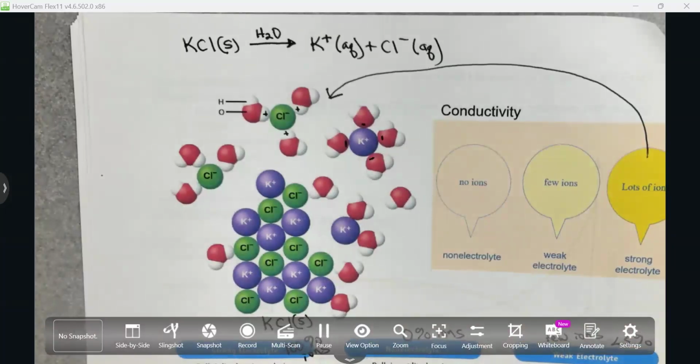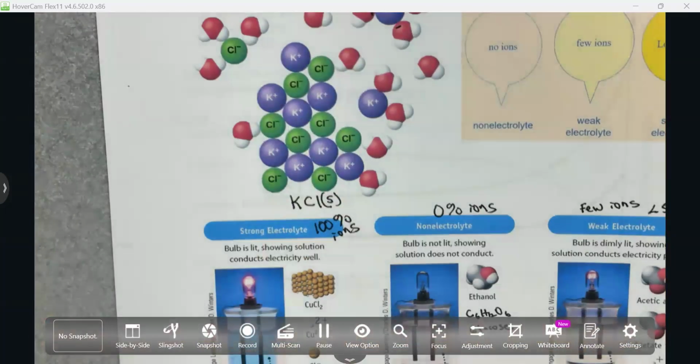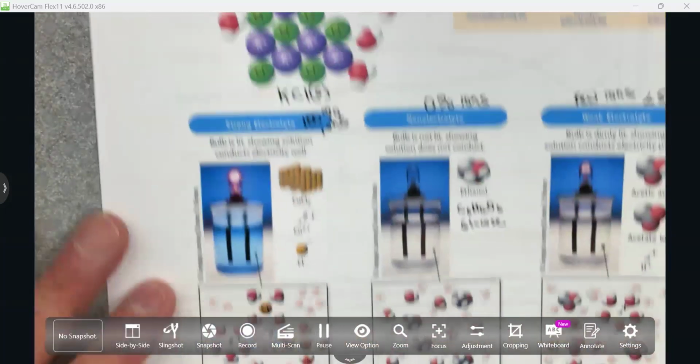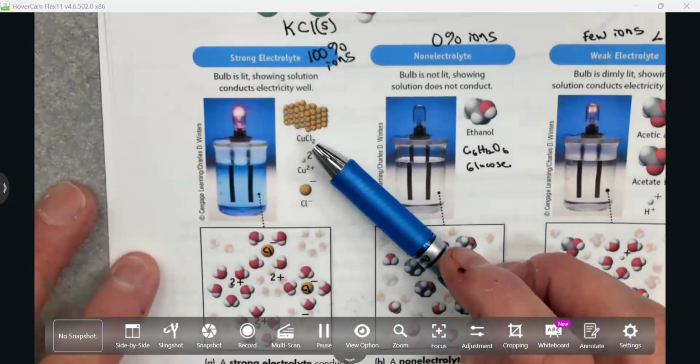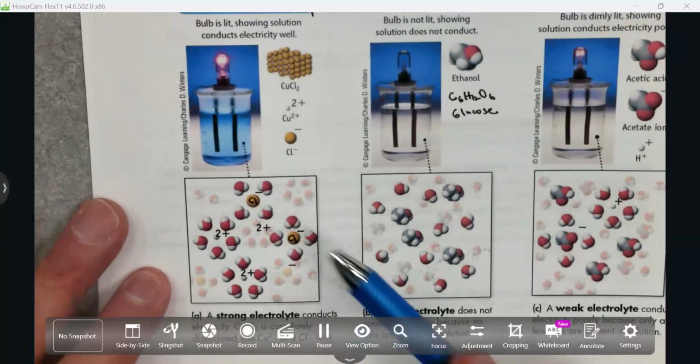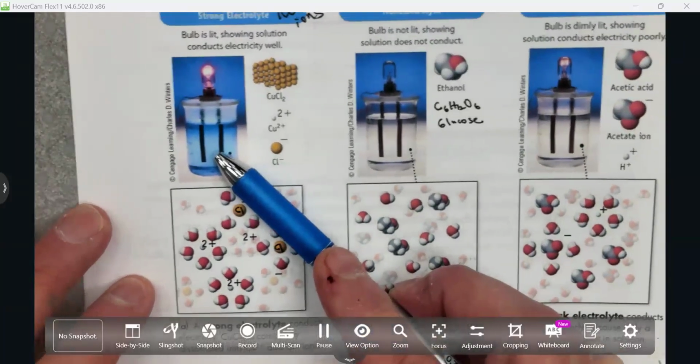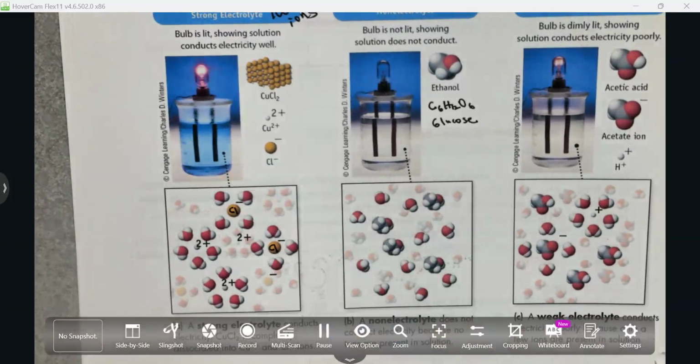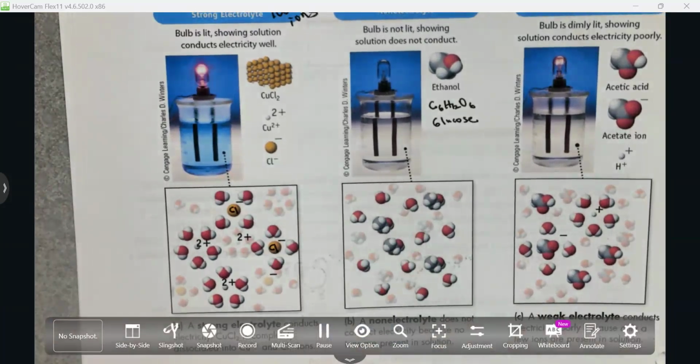That's going to happen a lot as the roads get slushy in the next couple of days. It's going to splash onto your car and dry, and then you're going to see the solid form again. If something dissolves, we say it is a strong electrolyte. You are going to get lots of ions in solution. In lab, you're going to measure conductivity.